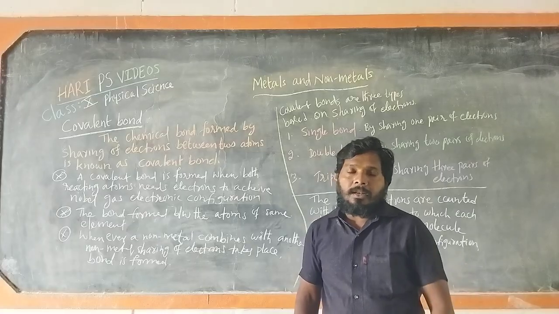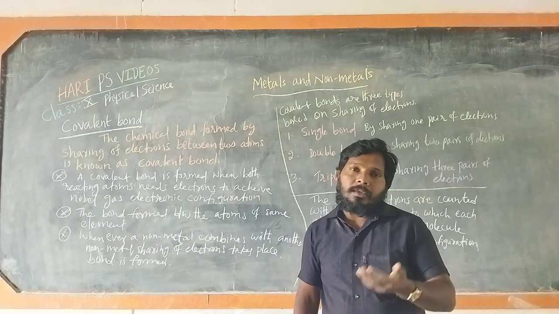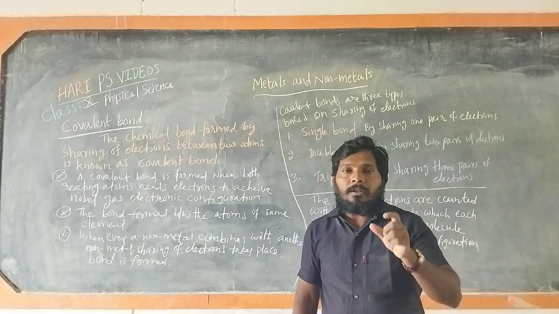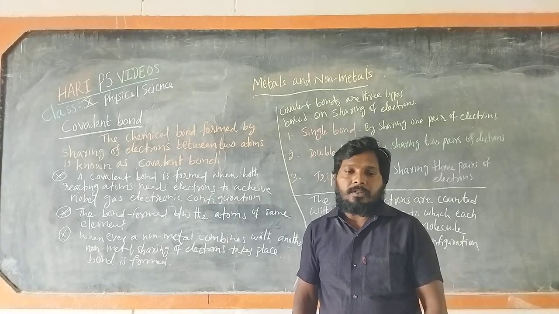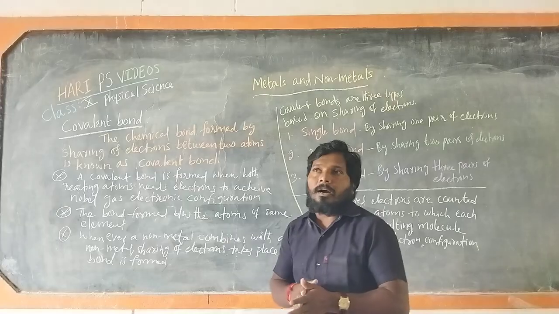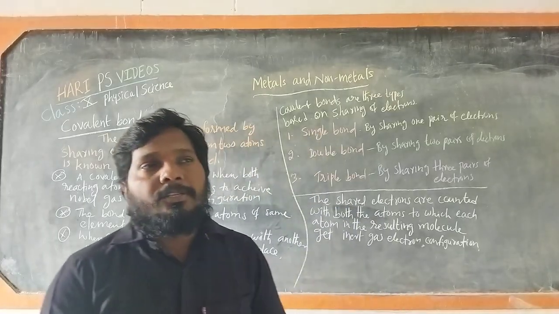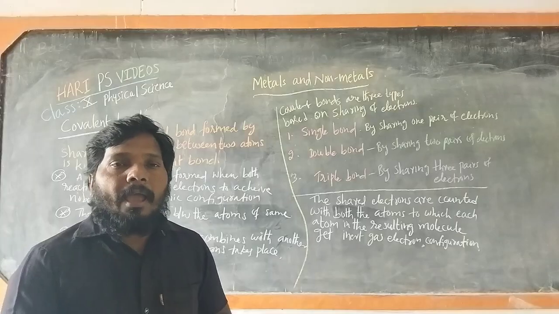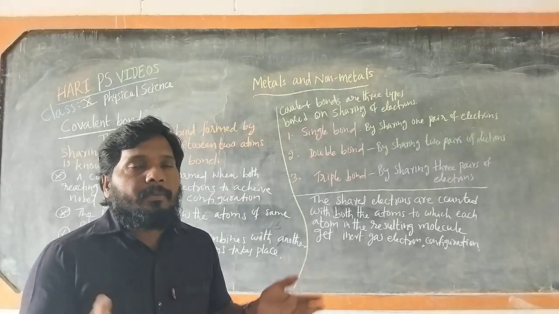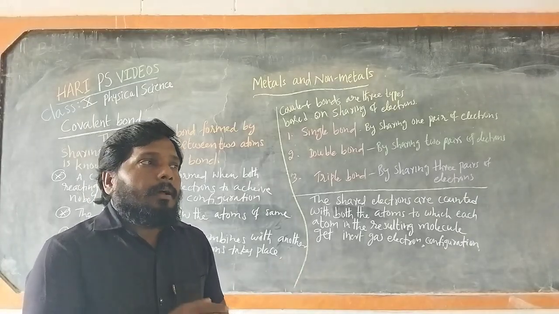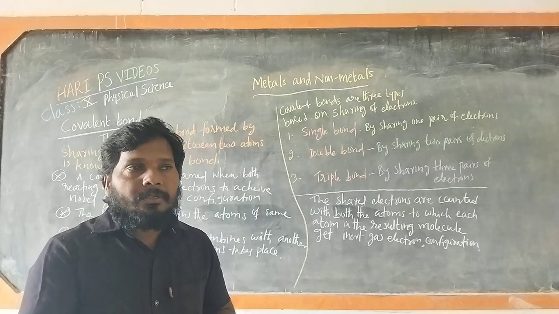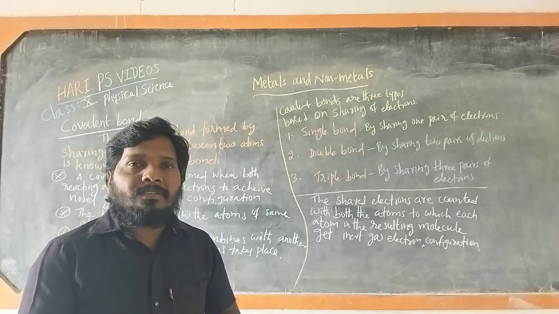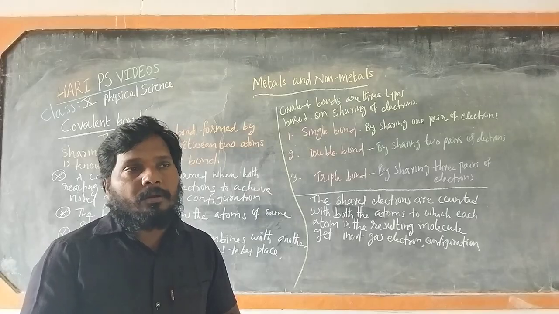Then the other atom gains the electron and forms a negatively charged ion. That negatively charged ion is called anion. So the ions combine together and form a bond. That bond is called ionic bond.